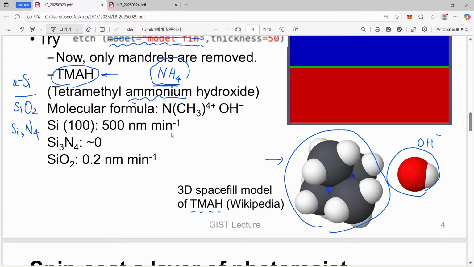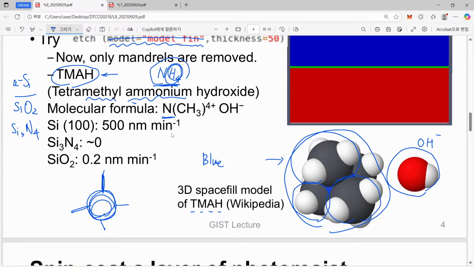However, instead of this hydrogen atom, we introduce methyl in the place of the hydrogen atom. At the center of this structure, you can find a blue ball, and this blue ball corresponds to our nitrogen atom. Here we have a nitrogen atom, and it has four bondings, and each of these bondings is connected to a methyl here and there.